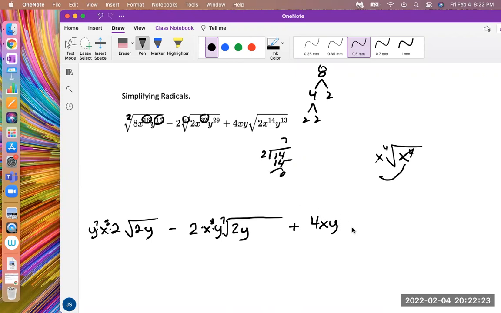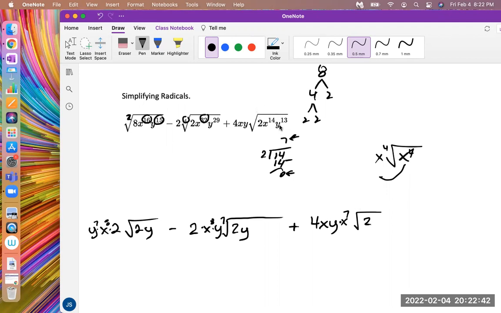And so I know that x is, so this is the number of x's coming out of the square root. That's the number of x's staying under the square root. So we bring out this x to the 7th and we leave just the 2 under there.